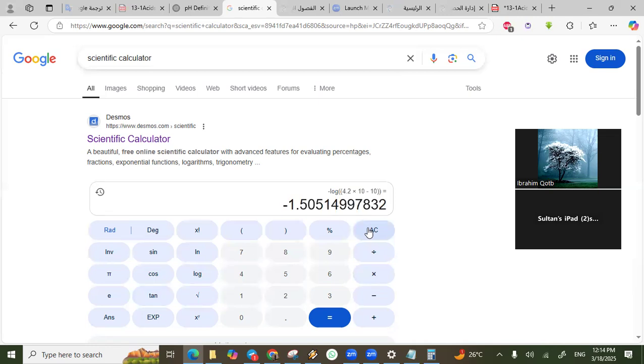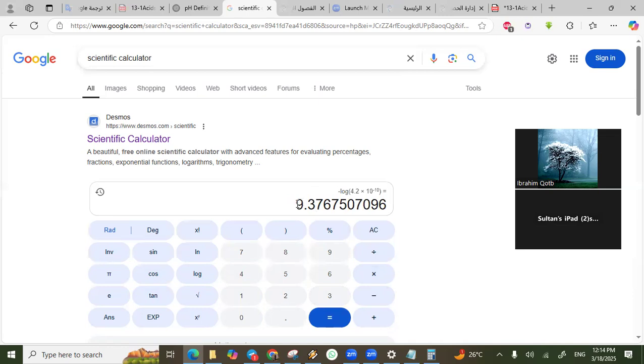I have to make this again. Minus log of 4.2 times 10 to the power negative 10 equals 9.37.